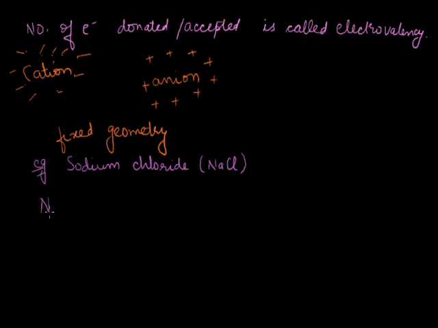Thus sodium, whose atomic number is 11, has configuration 2, 8, 1; it has one valence electron. It loses the electron to become Na+, whose configuration now becomes 2, 8, which is that of a noble gas.